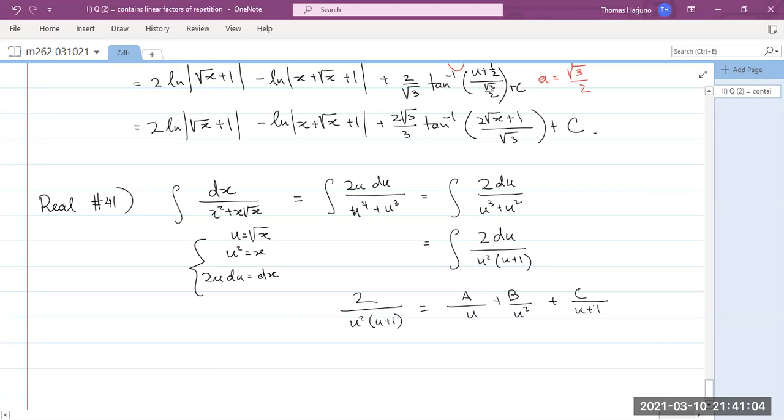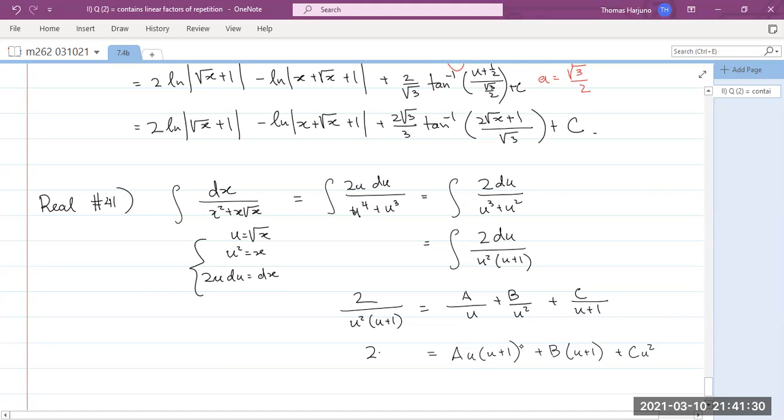Because you have u squared, so you have to do it u and then u squared, right? And then multiply by the LCD, 2 equals a u times u plus 1 plus b times u plus 1 plus c u squared. It'll be a u squared, right? Oh, no, never mind. Yeah, we cancel one of the u.